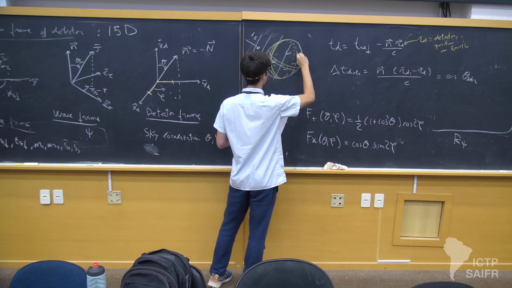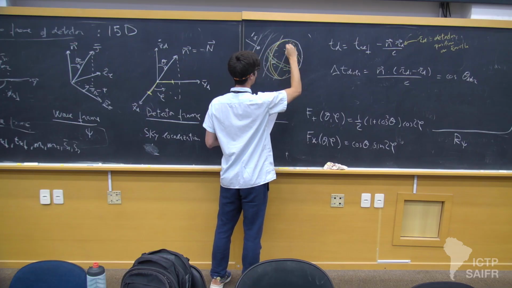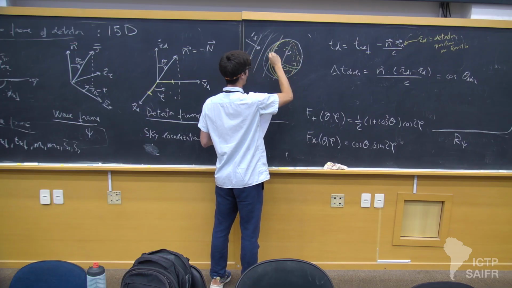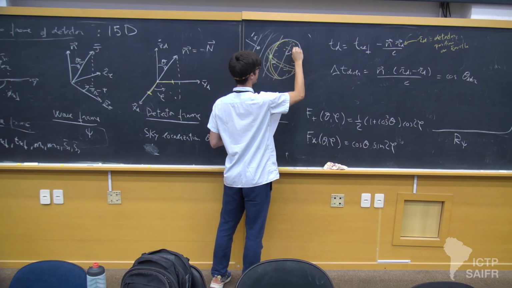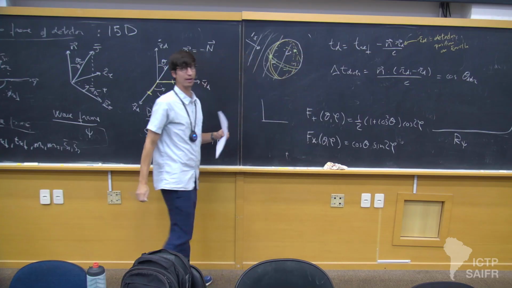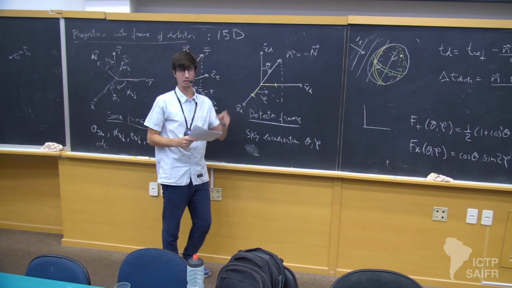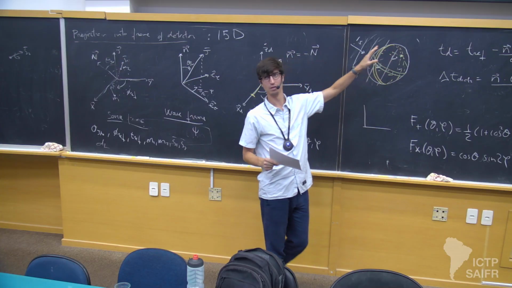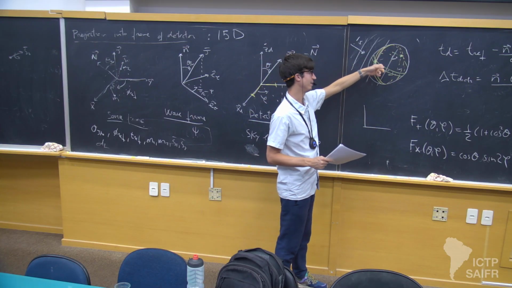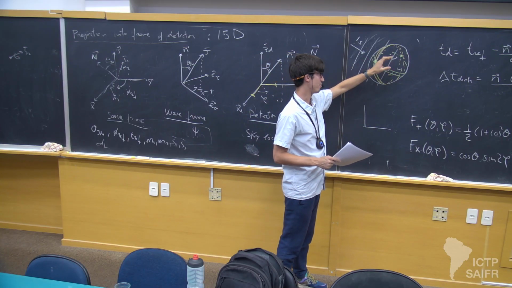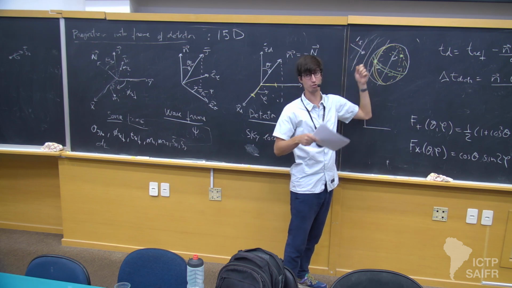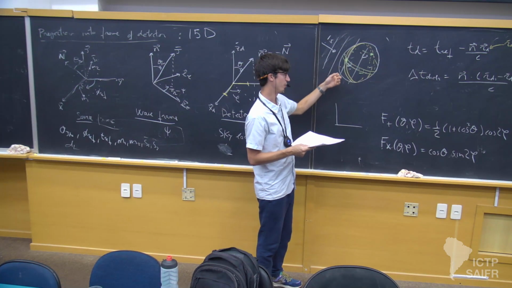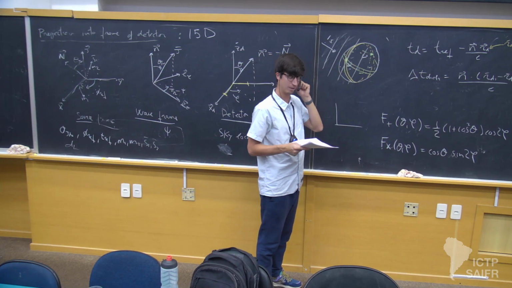The localization region that you infer will be the intersection of these two rings. That's why having 3 detectors is much, much better than having 2, because by triangulation you get a much better localization.